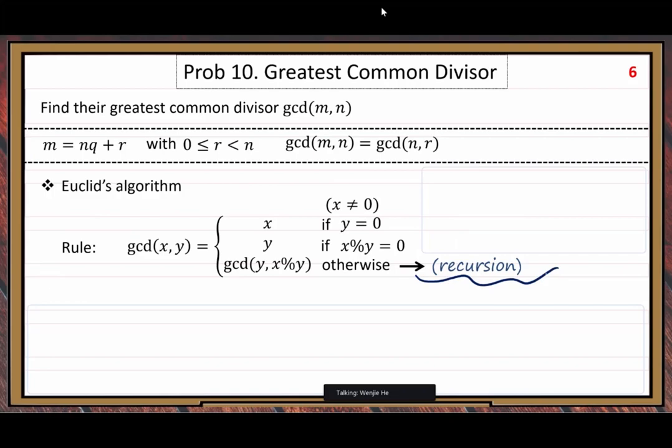But that's the cost we're willing to pay, because we want its power to solve the relatively hard problem.